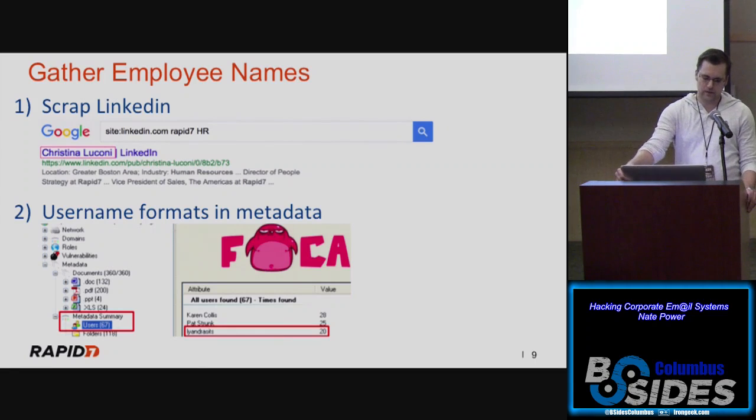And in this next example here, I'm just using FOCA to locate metadata inside these Office documents. In this case here, you can see there's an actual username within the metadata, to where I would say this is probably my number 1 way to help me do a best guess of what a username format might be within an organization.